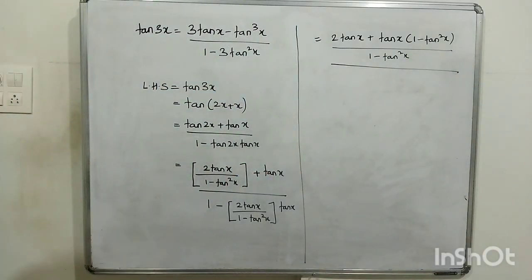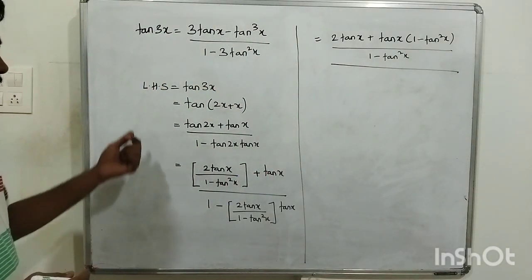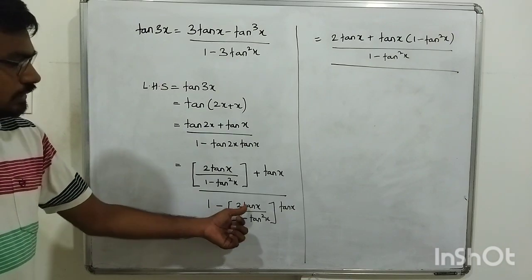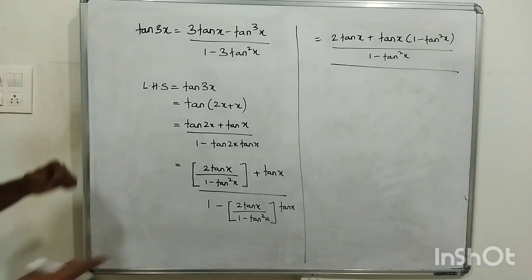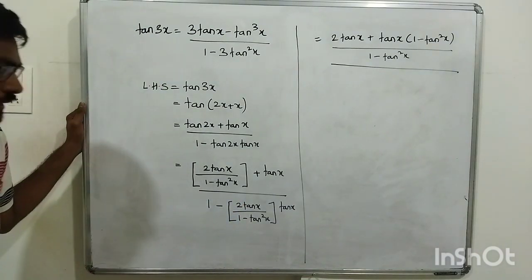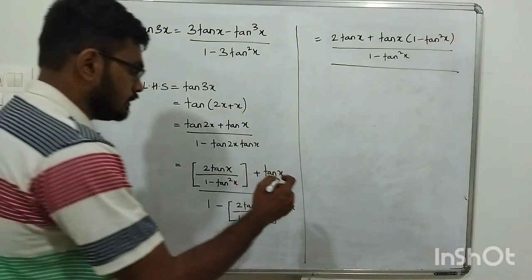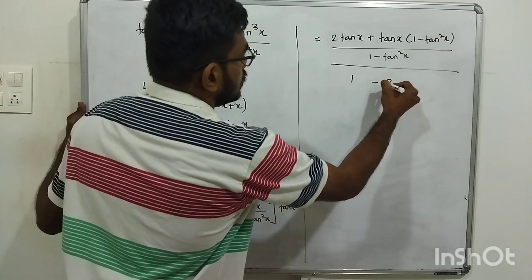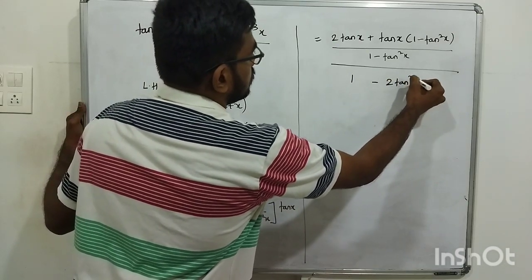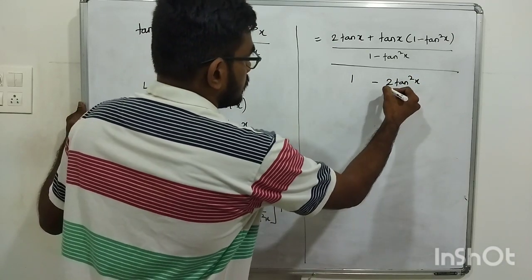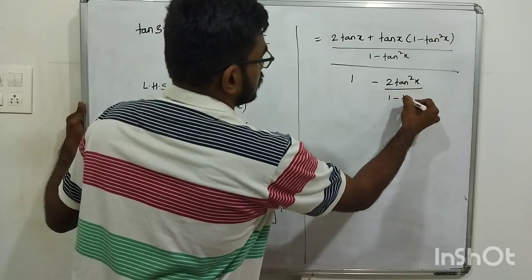Now what is the denominator here? 1 minus this 2 tan x into tan x upon 1 minus tan square. So here this tan x will be multiplied by this, so we will get 2 tan square x. So 1 minus 2 tan square x upon 1 minus tan square x.